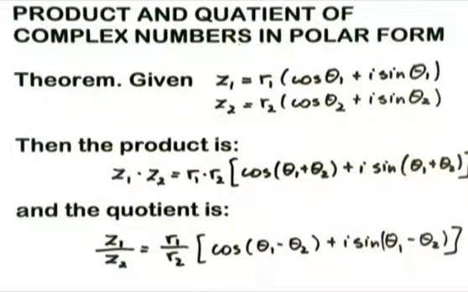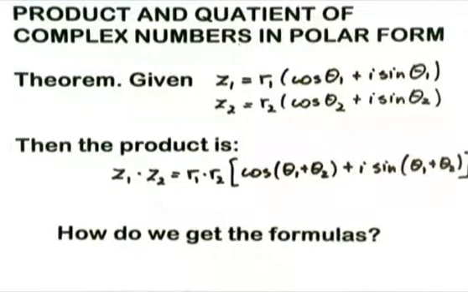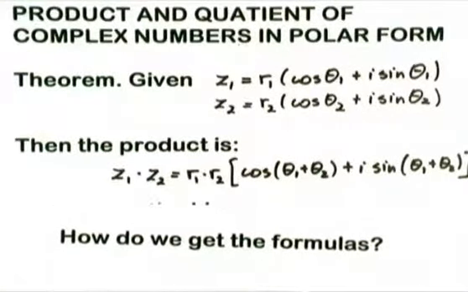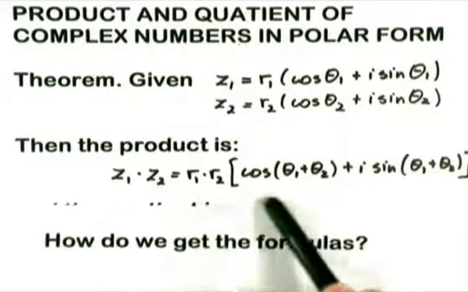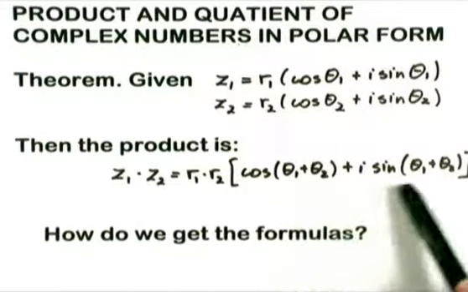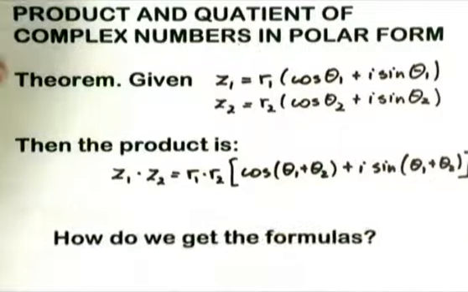So how did we get those formulae? We're going to show you only the first formula. The second one is done equivalently. So the first formula has r1 times r2, and we add theta 1 and theta 2, in both cosine and sine.